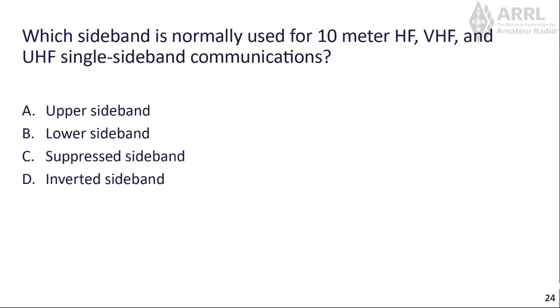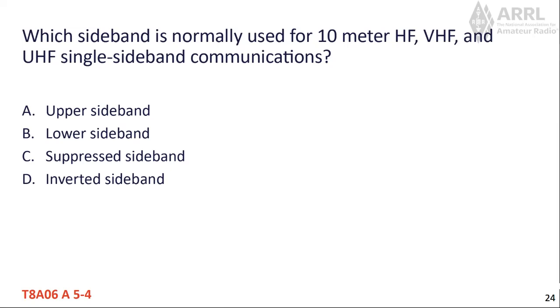Which sideband is normally used for 10 meter HF, VHF, and UHF single sideband communications? Upper. Remember, 10 meters is above 10 megahertz. Your actual band is 28.0 to 29-something.